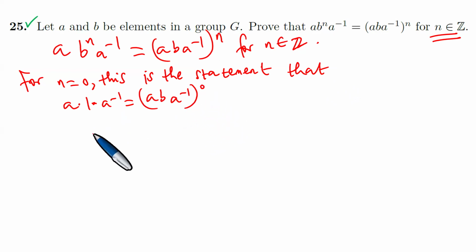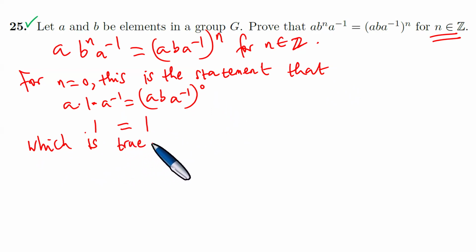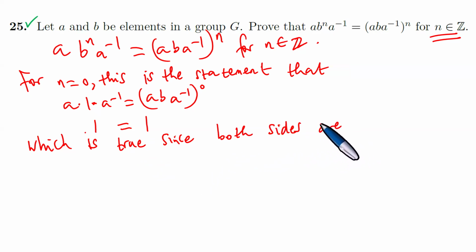And so this one would give 1 is equal to 1, which is true since both sides are the identity.